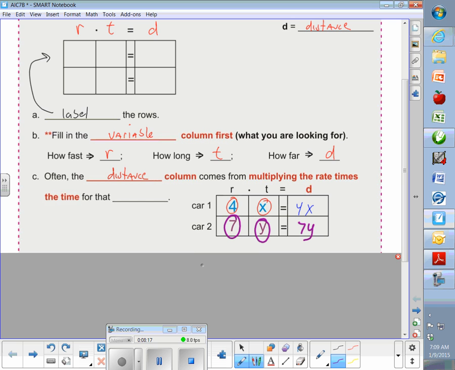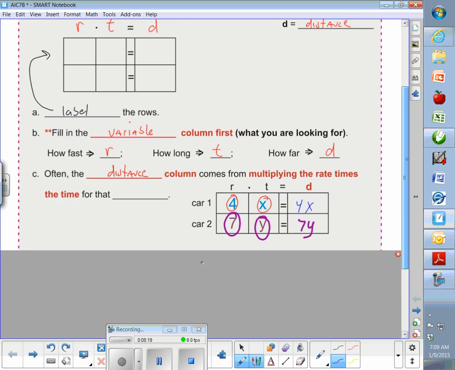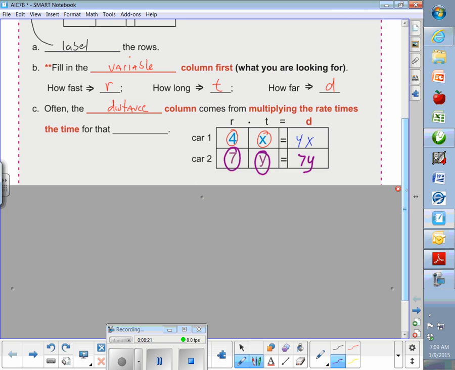All right, so doing word problems. What are you going to do first? You're going to write the formula. What's the formula going to allow you to do? It's going to allow you to make a chart. What are you going to do first with a chart? You're going to label the rows. What do you do next? Fill in the variable column.